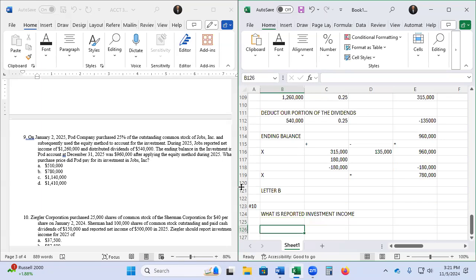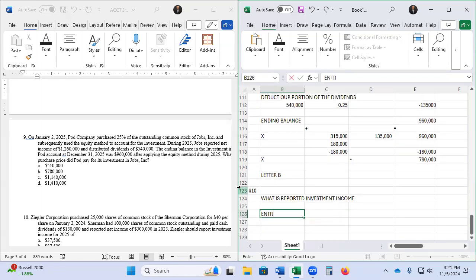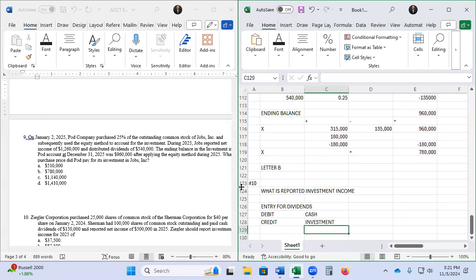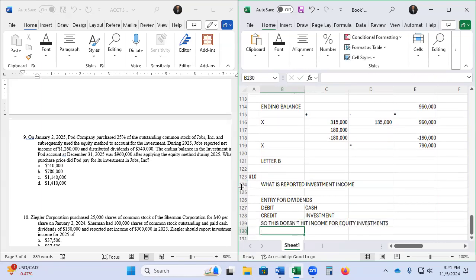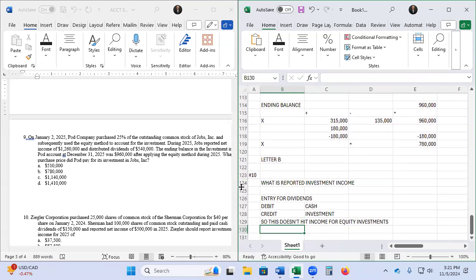Because my entry for dividends is a debit to cash, right? And a credit to my investment. Right? So for equity investments, it doesn't hit income.